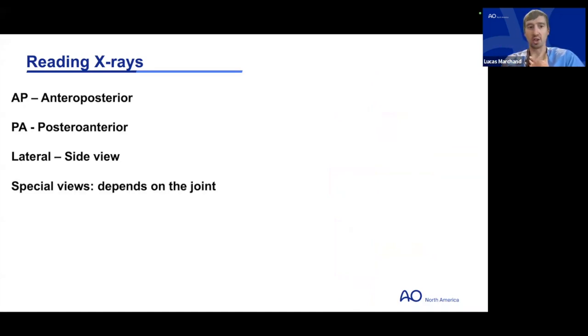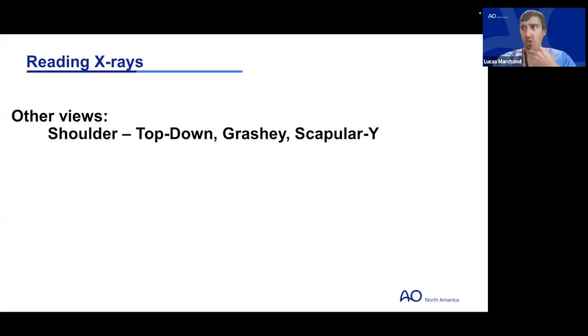Depending on the joint, there are also a series of specialized views that you can get, both intraoperative or pre- and postoperative, that will allow you to evaluate special components or characteristics of those joints. So let's go through these, and then we'll get Dr. Kellerman Stephenson really involved in the discussion as we work through a couple of cases for you all.